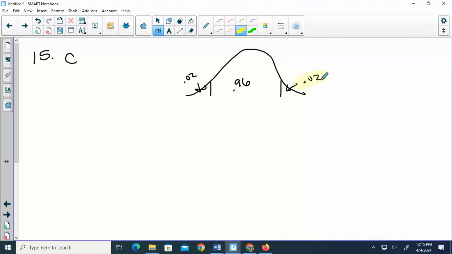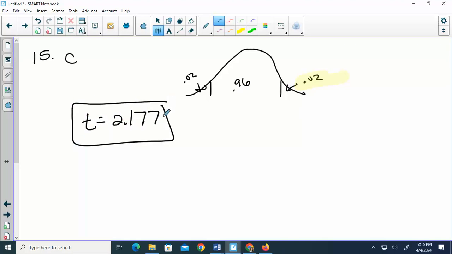So my area in the right is 0.02. So you go to the 0.02 column down to 23 degrees of freedom, and we get 2.177. Is that okay?